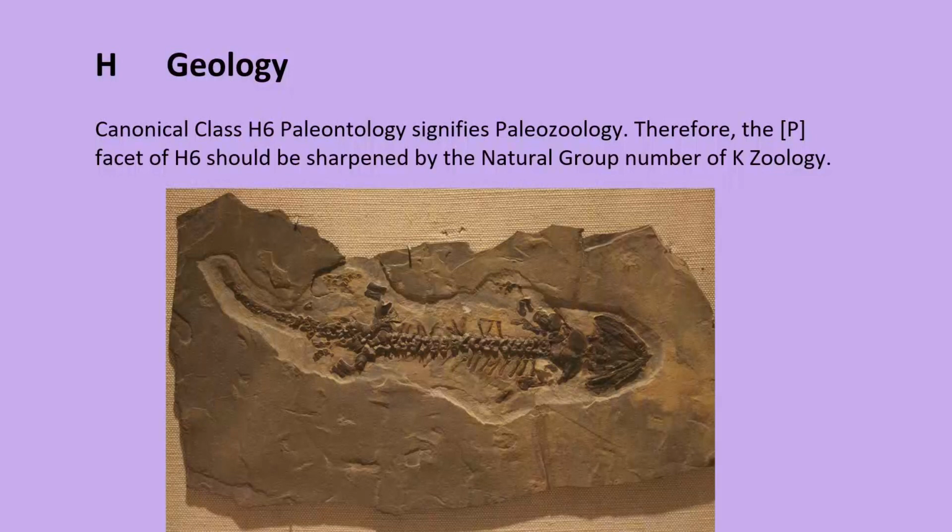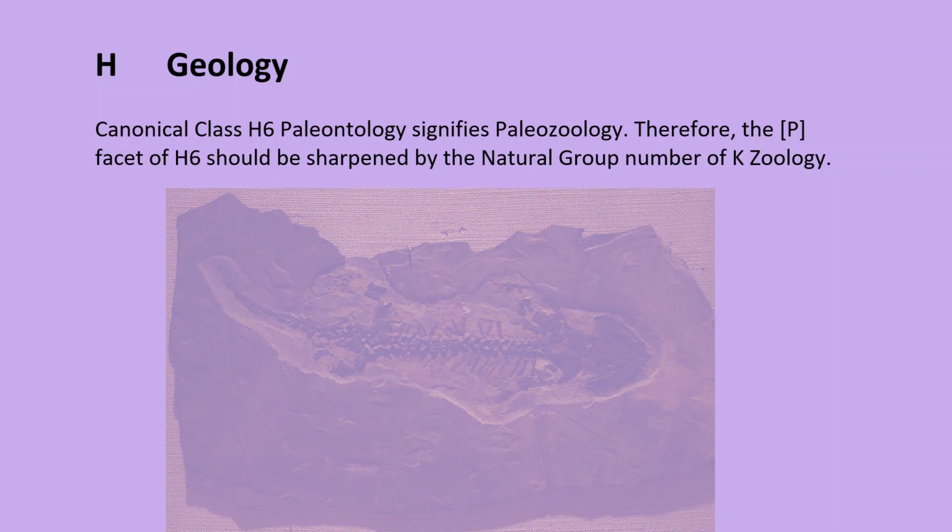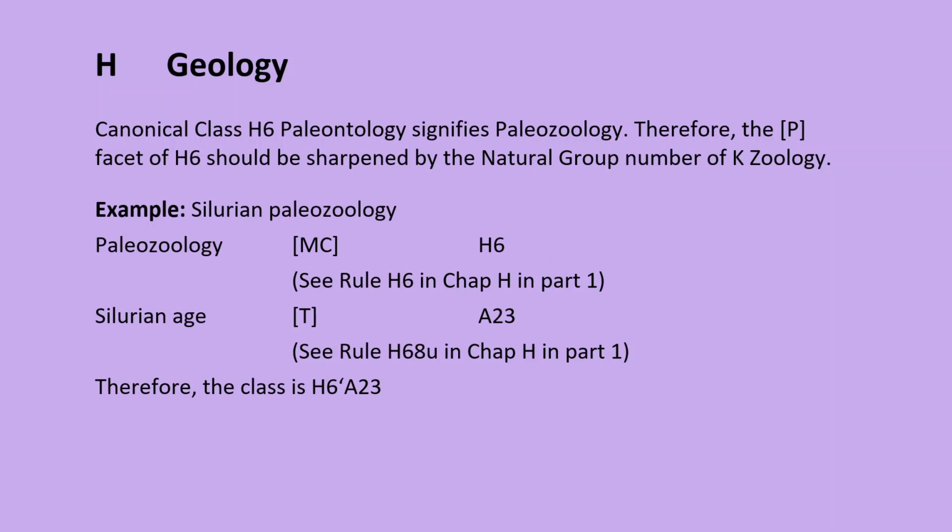Canonical class H6 paleontology signifies paleozoology. Therefore, the personality facet of H6 paleontology should be sharpened by the natural group number of main class K zoology. Here the example cited is Silurian paleozoology.